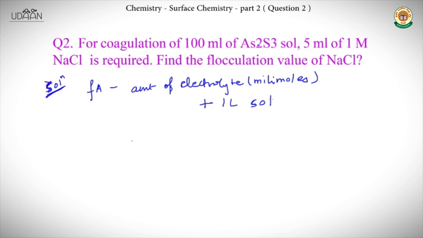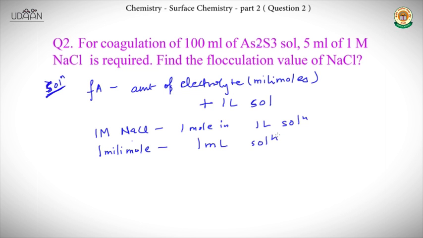In the question, I know what 1 molar NaCl means: I have 1 mole in 1 liter of solution. That also means I have 1 millimole in 1 ml of solution.